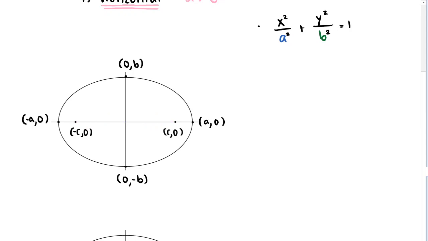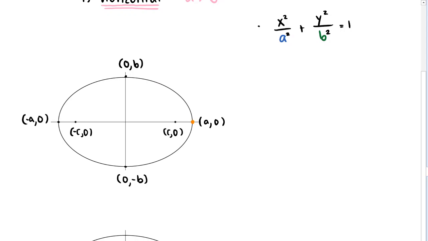Here we were saying that no matter what point we take on our ellipse, when we add the distances between that point and the foci, we get the same amount every time. Let's look at the point a comma 0.